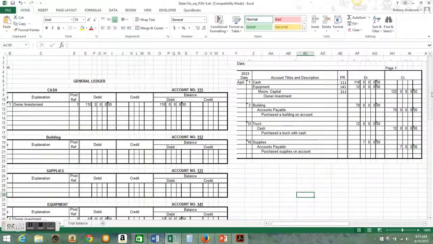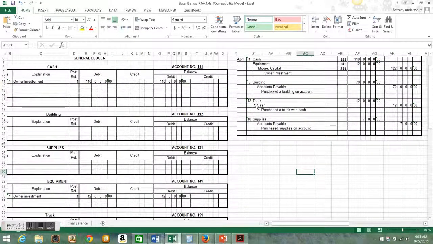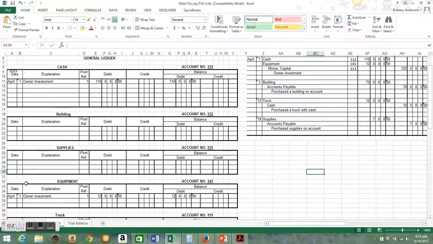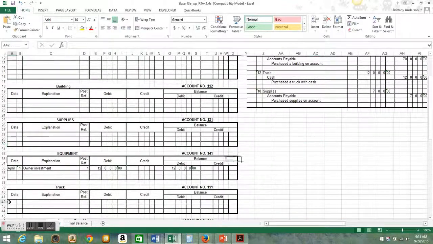What I want to do is I want to jump down to this truck transaction because I want to show you how this continuous balance occurs on the ledger. So we know that on the 12th of April, we purchased a truck for $12,000. Okay. So we're going to go over to our truck, and April 12th, purchased.